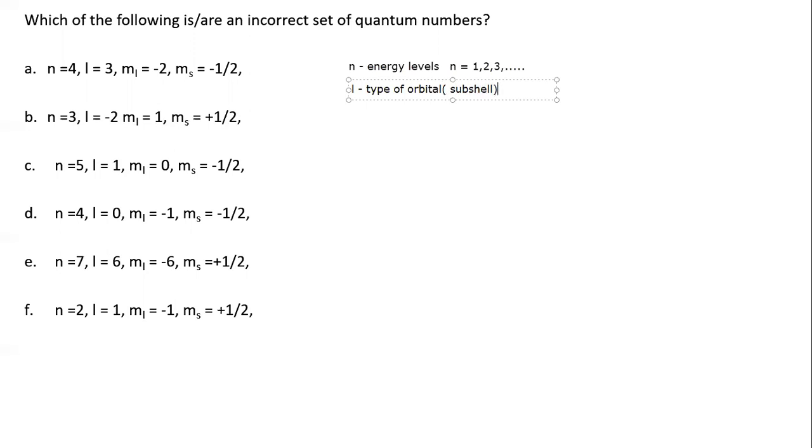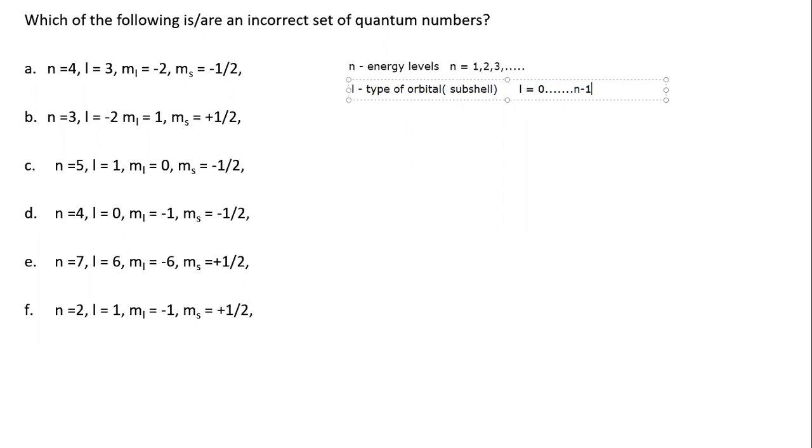L is dependent on the value of N, so it's restricted on its values based on what energy level it's in. For example, L can go from 0 all the way to N minus 1. So if the energy level is 1, the only type of orbital you can have is L equals 0.